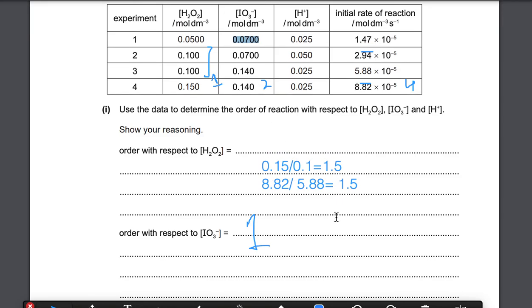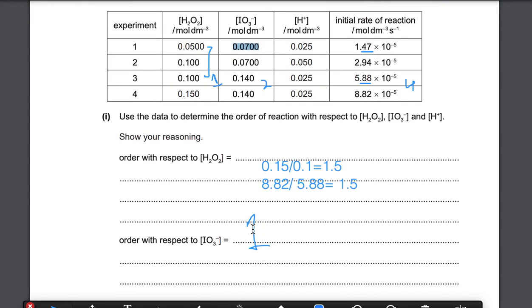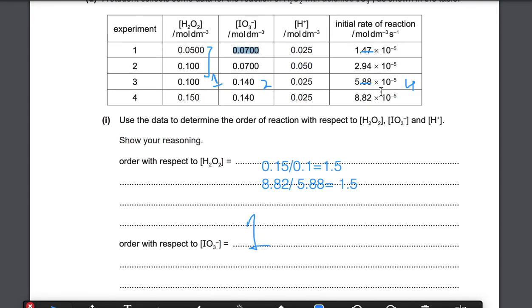Now coming on to hydrogen ions, both of them are first order, and let me erase it. Okay, so it was like that, right? So how about the hydrogen ion concentration? We see the ones for which only one of the concentrations is remaining constant and one of it is different.